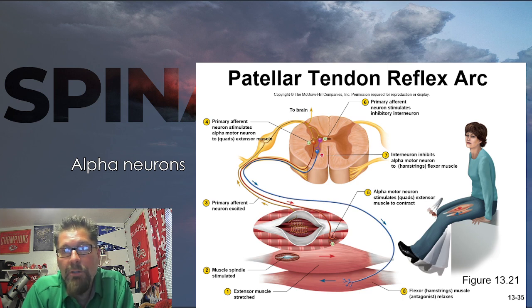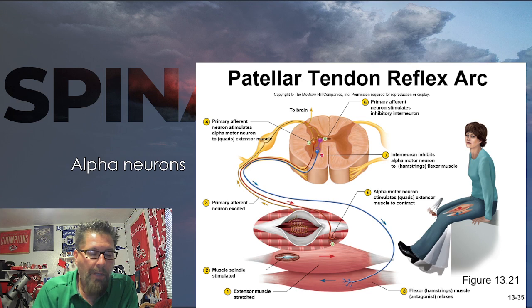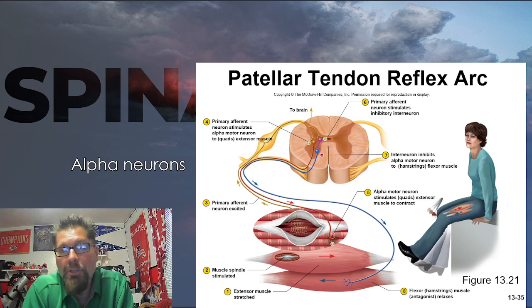Now going back to it, it's part 4 up there, and we're going to talk about a couple of specialized neurons. In this case, it's the alpha. We'll talk about the gammas later on. But alpha neurons are part of this process. Alpha neurons are specialized because they are quick responders. In other words, if you need a quick message sent, alpha neurons are what's used to get that back.